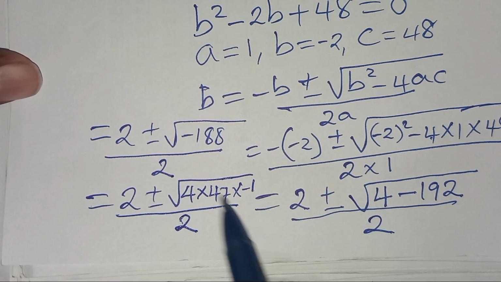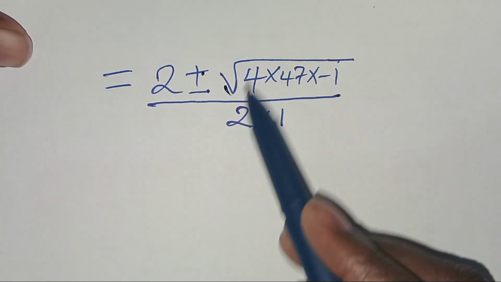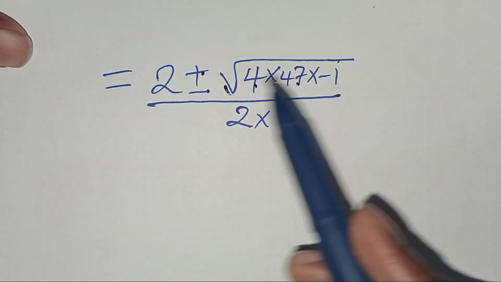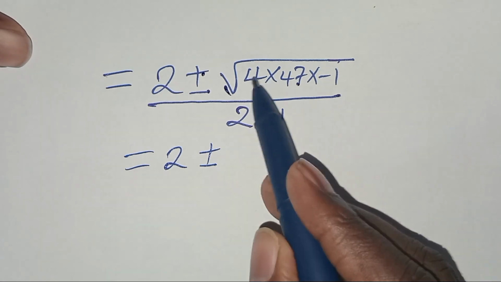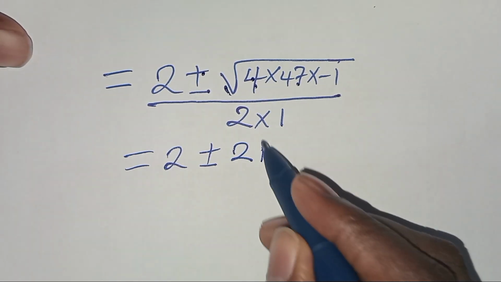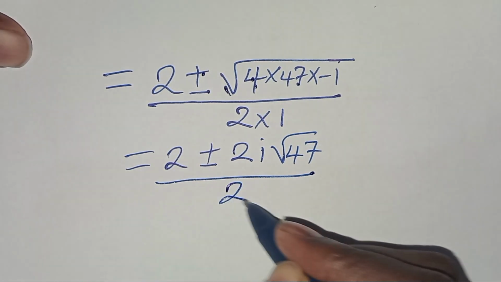Okay, so let's proceed. So this is equal to 2 plus or minus the square root of 4, this is 2. Square root of negative 1, this is I. Square root of 47 divided by 2.